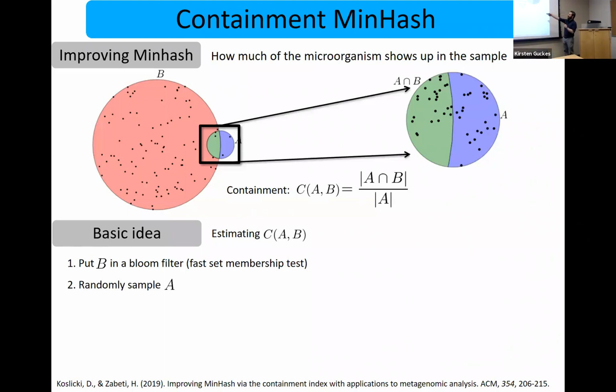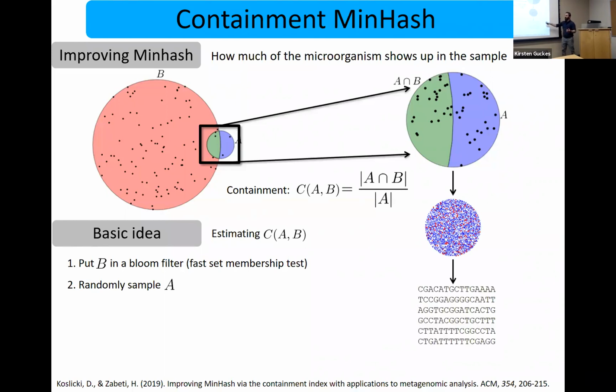So I'm going to put my big old sample into one of these data structures where I can quickly ask, is a k-mer present or absent? Then after that, I'm going to do that random sampling and forming that sketch of one of my reference genomes here. So I randomly sample, I form one of the sketches, and then all I got to do is say, oh, take each one of these k-mers and ask, does it belong to my sample? If it does, fantastic. You got one of these points right here in the green region.